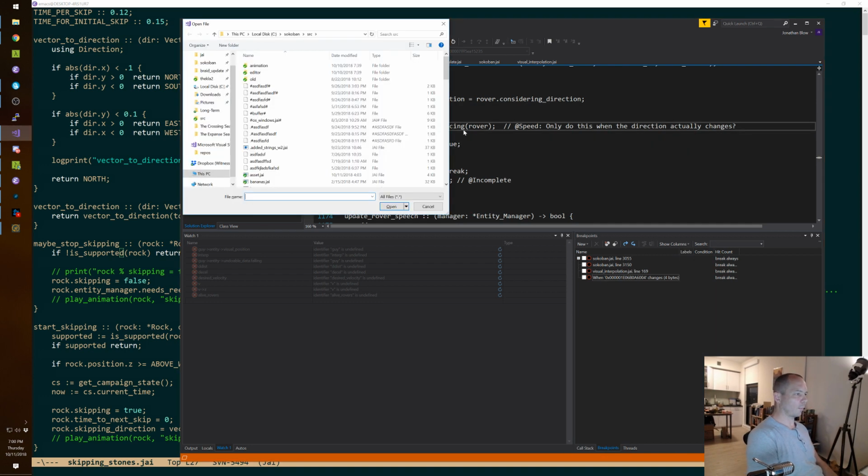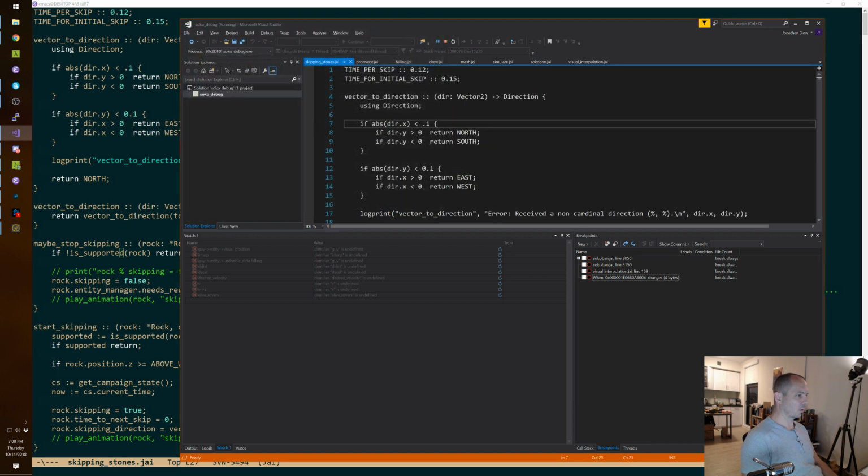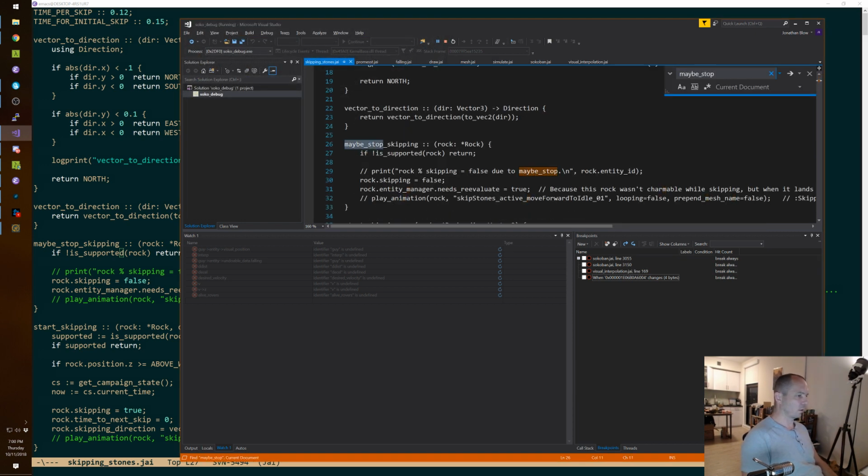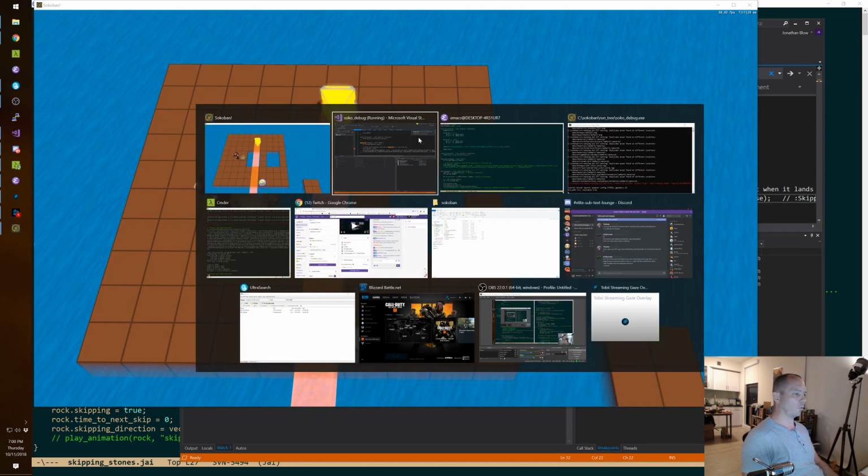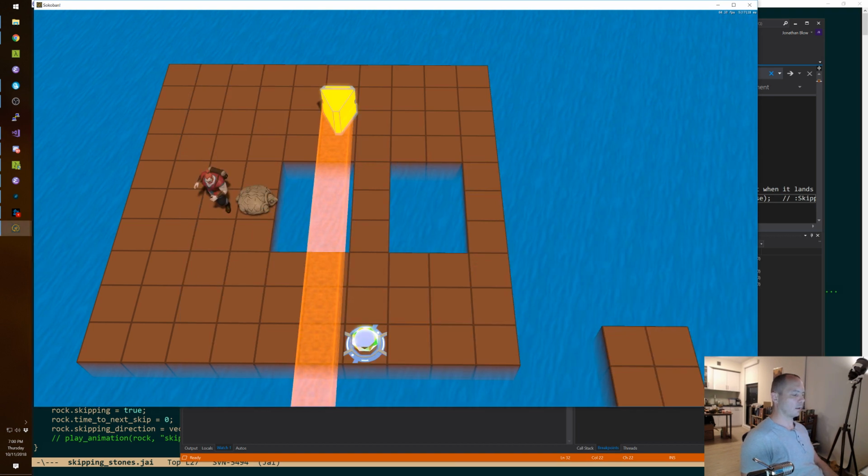It's right there at the top of skipping stones. Okay, so what's happening is it says, oh, it's supported. Well, by what? Well, yeah. So we're going to have to go back into our support routine and edit it.